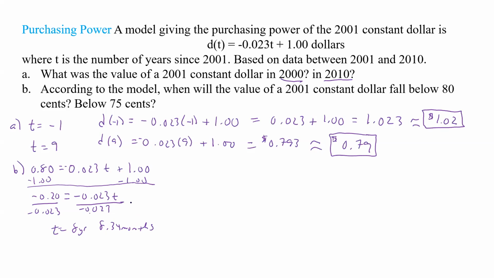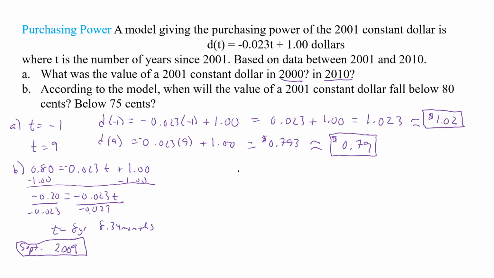And so 8 years past 2001, it's going to be in 2009, and the 9th month will be September. So September of 2009 is when that is going to be below 80 cents.